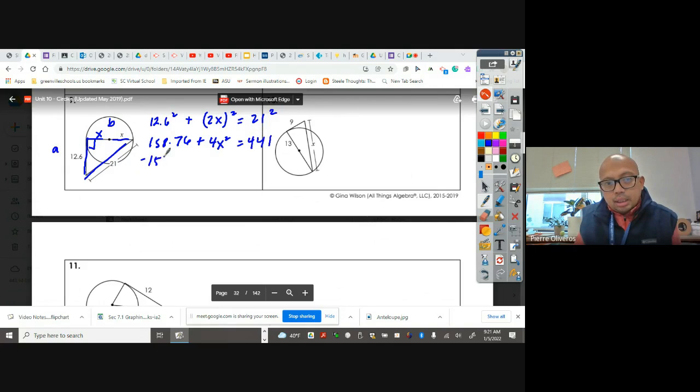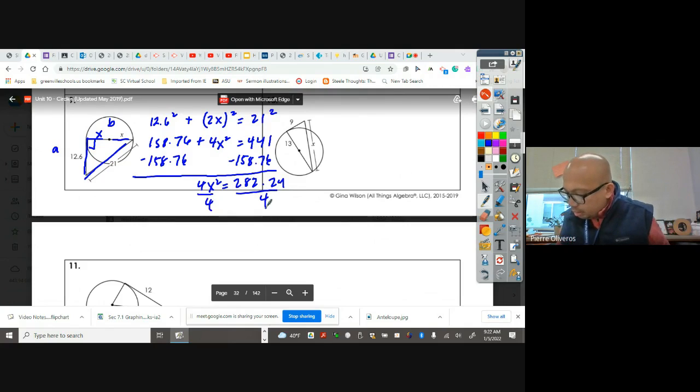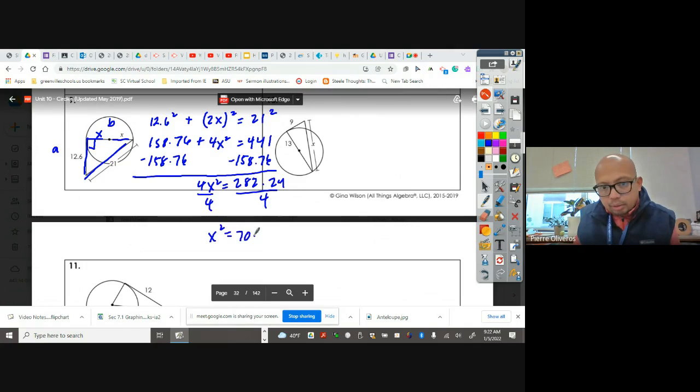Subtract 158.76 here. So 441 minus 158.76 gives 282.24 equals 4x squared. So divide them all by 4. 70.56 equals x squared.